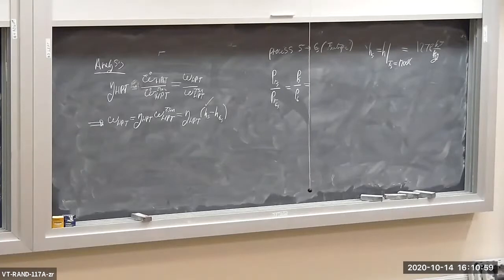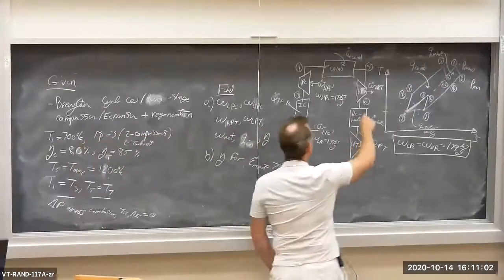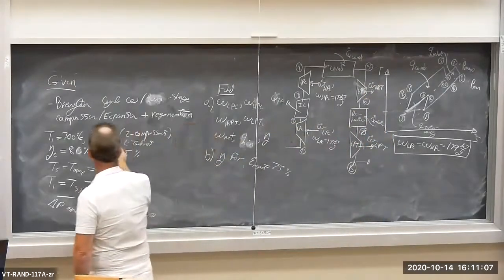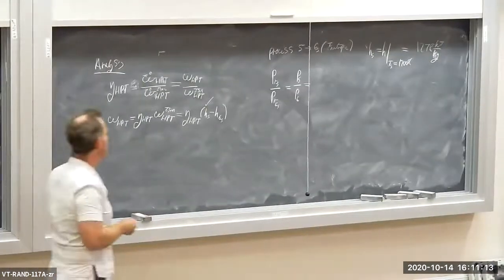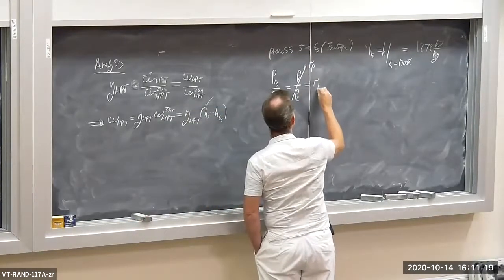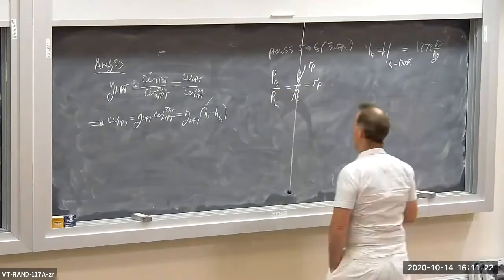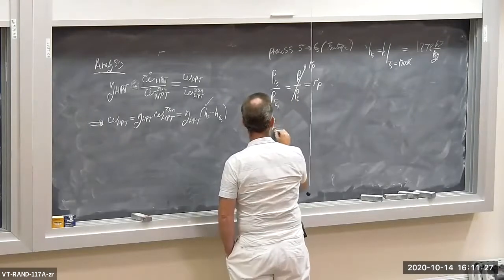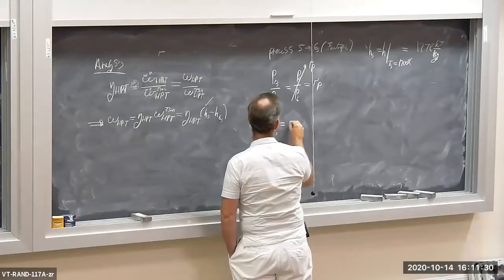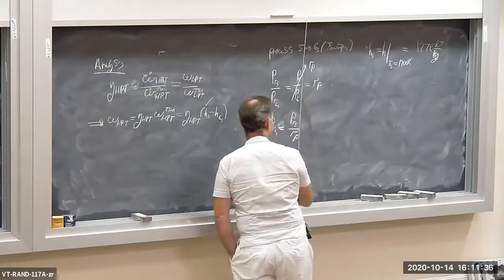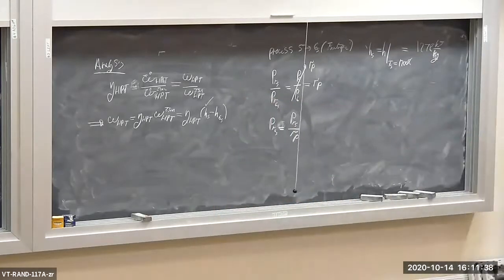P5 is the higher pressure, so P5 is greater than P6, and the pressure ratio across the turbine is 3. We're told that in the problem statement. So this is RP again. PR6 sub s is equal to PR5 divided by the pressure ratio for the high pressure turbine.